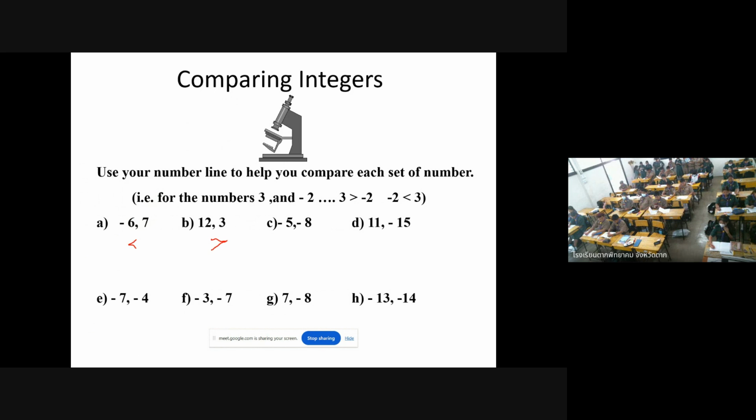Okay, more than. Next, for letter C, -5 and -8. -5 is more than -8.